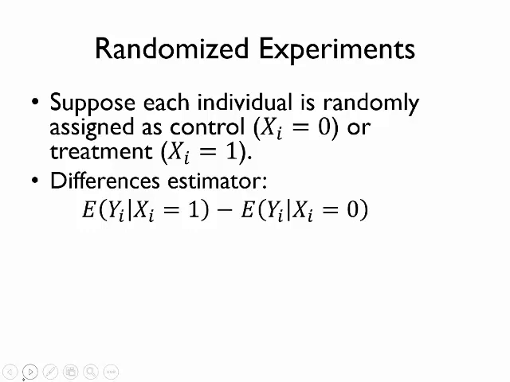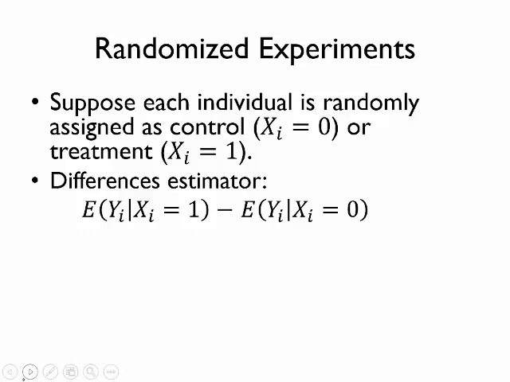So suppose that either in this online class example or the experimental drug example, each individual is randomly assigned to either the control group, x_i equals 0, or the treatment group, x_i equals 1. Let's think for a minute about why the differences estimator may be a better estimate of the impact of the treatment, of the program participation in this case.